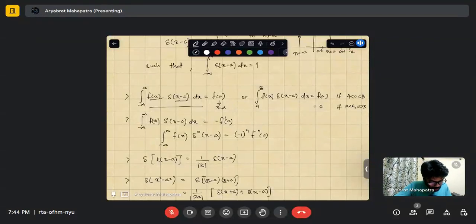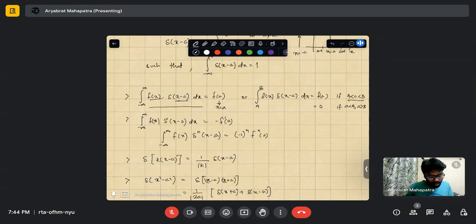And one more thing you have to note. The integral of f of x delta x minus a dx is basically f of a when your limits enclose the delta function peak.